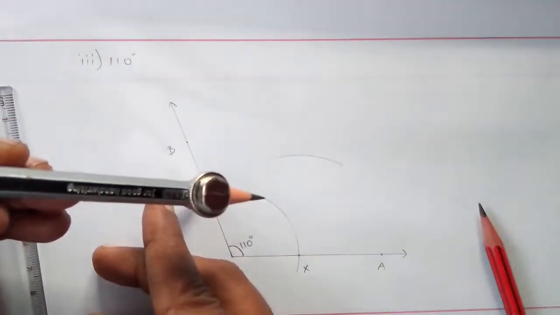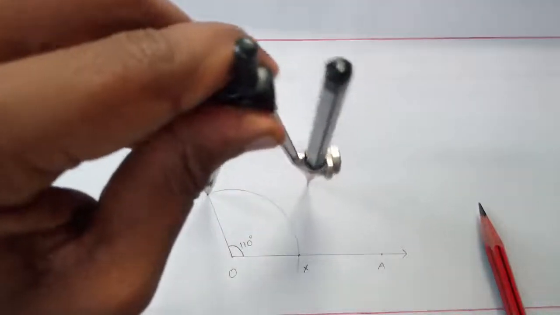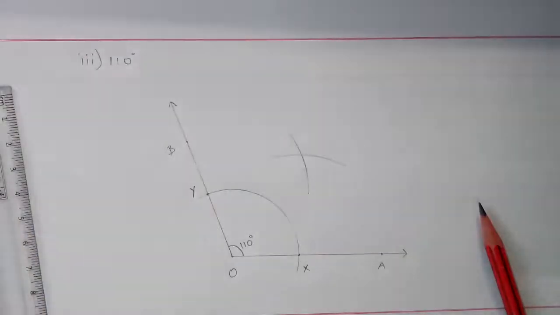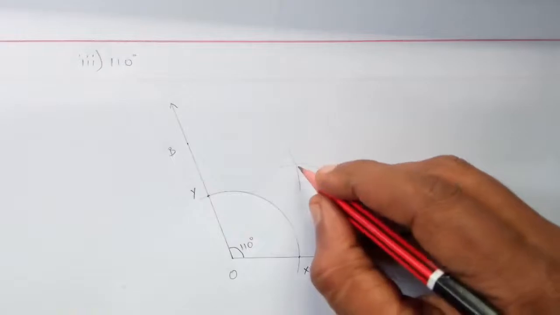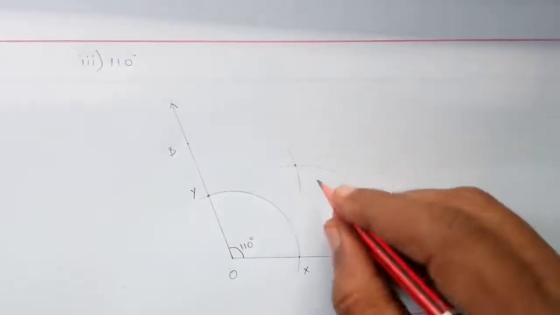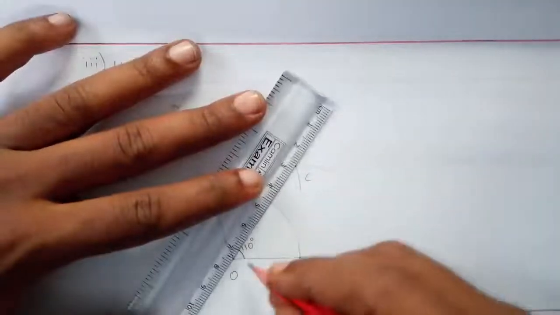Keep it on Y and cut the previous arc. So this point we will mark as C, and we are going to join OC using a ruler.